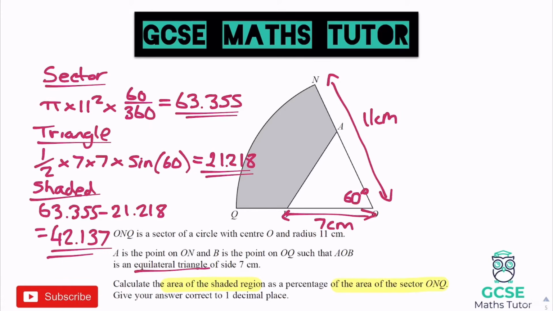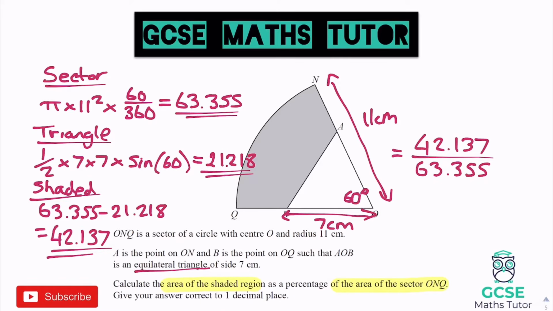Now it says calculate the area of the shaded region as a percentage of the area of the sector. So we've got the shaded region, 42.137, and that is out of the area of the sector, which is 63.355. So as a fraction of the area, it's 42.137 out of 63.355.